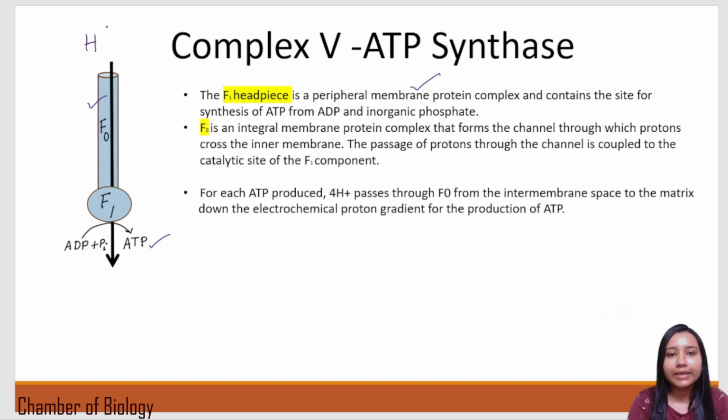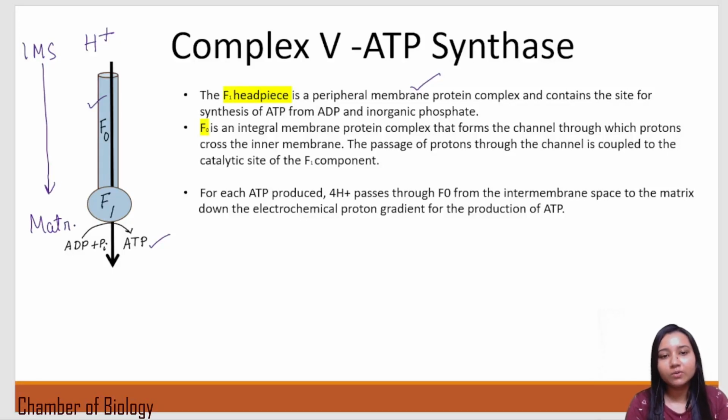So the H plus ions which are present in the intermembrane space have to come back to the matrix, and for this they are going to take the help of complex 5, that is ATP synthase, which contains two subunits, that is F0 and F1. F0 is the channel, an integral membrane protein, and F1 is a peripheral membrane protein. So the passage of protons through this channel is coupled to the catalytic site of the F1 component.